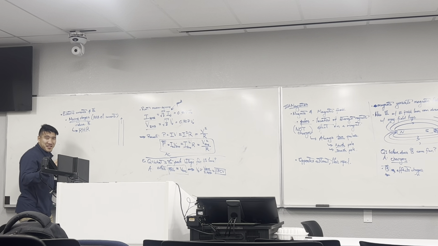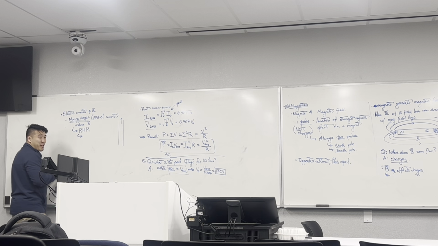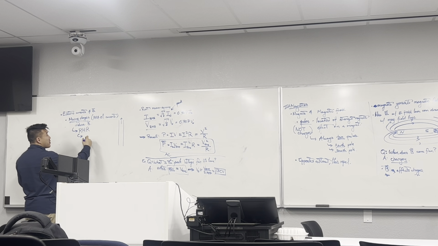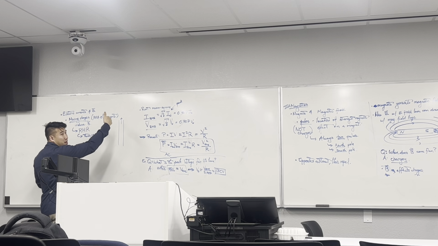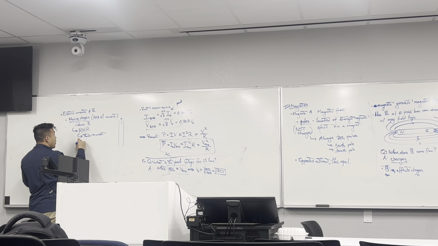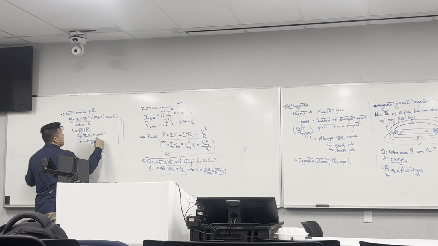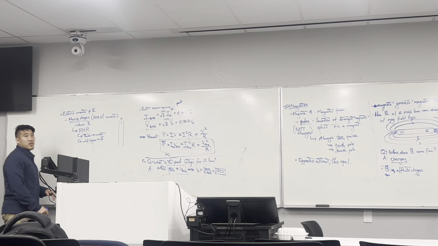Okay, well, let's make sure we get that. Let's get that down. With your right hand, the thumb goes in the direction of the current. So in this example, our thumb is pointing up. And the curl of the fingers is your resultant magnetic field B.